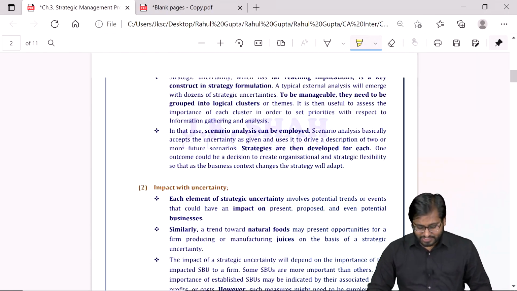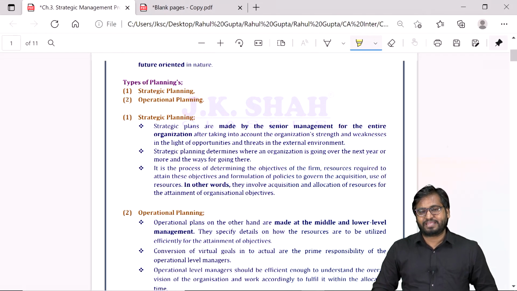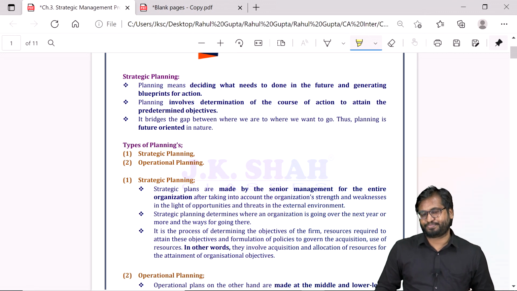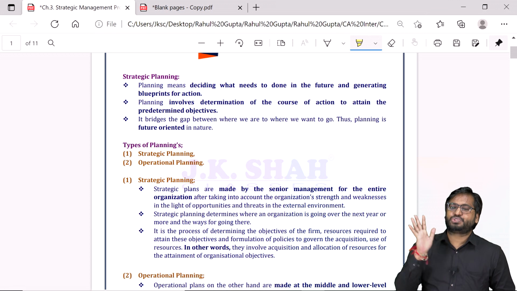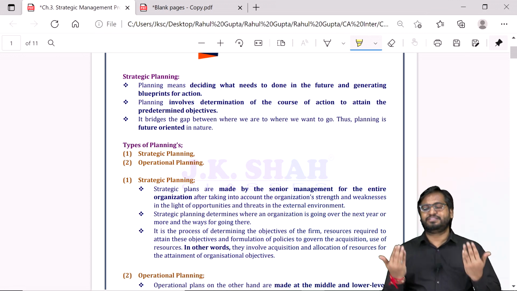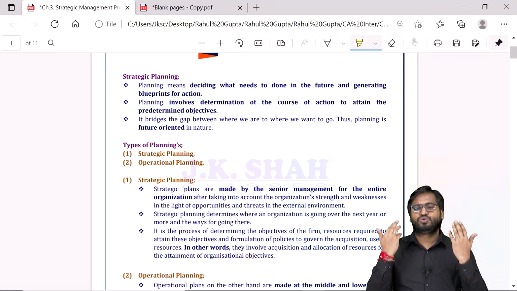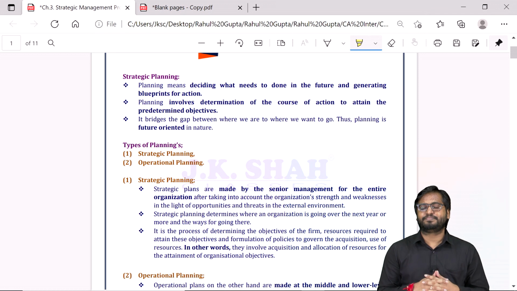Now let's study the last part of this chapter, that is planning, different types of planning, and the functions of planning. Let's quickly recap whatever we have studied in this chapter. We started the revision of this chapter by understanding what we mean by strategic intent and what the elements of strategic intent are.